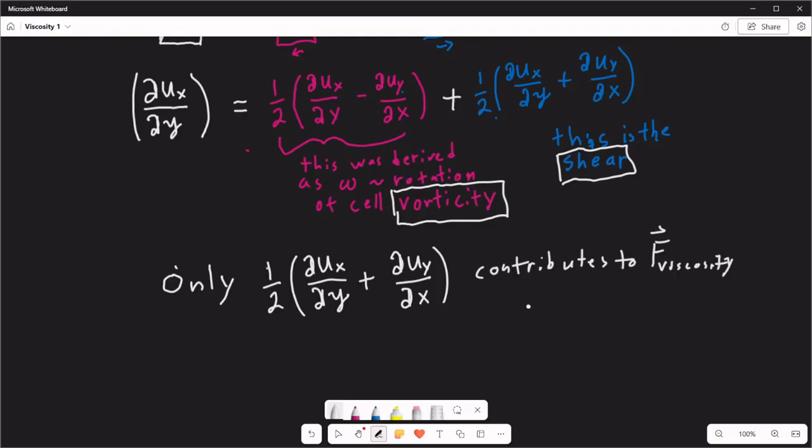In this case, in the x direction as it's defined.